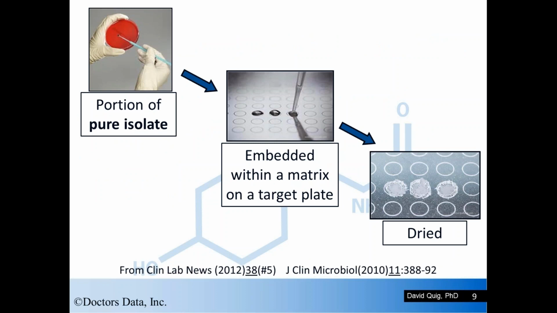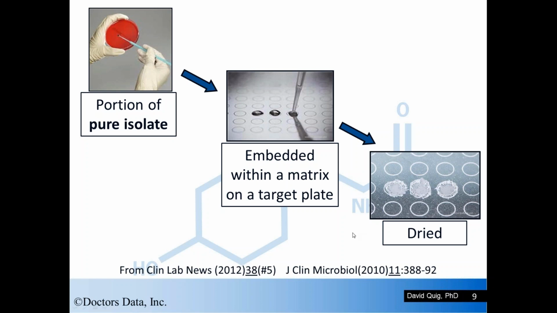So just to give you a quick view of the way that MALDI-TOF MS works, the clinician takes just a portion of an isolated colony forming unit, embeds it within a saturated matrix on a target plate that stabilizes the proteins and imparts a positive charge.